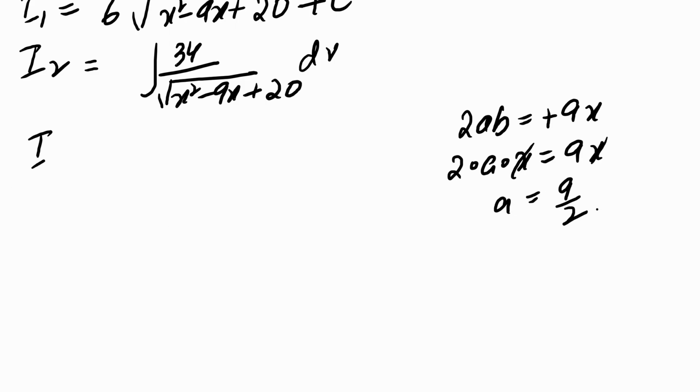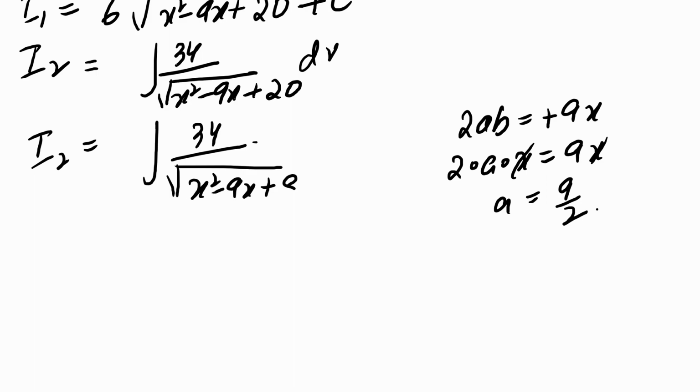So I can write I2 as integration of 34 upon under root x square minus 9x plus 81 by 4 minus 81 by 4 plus 20.